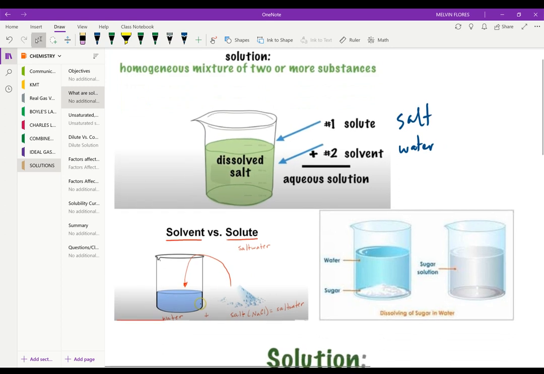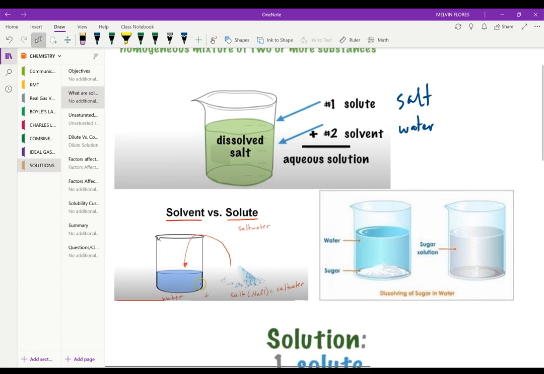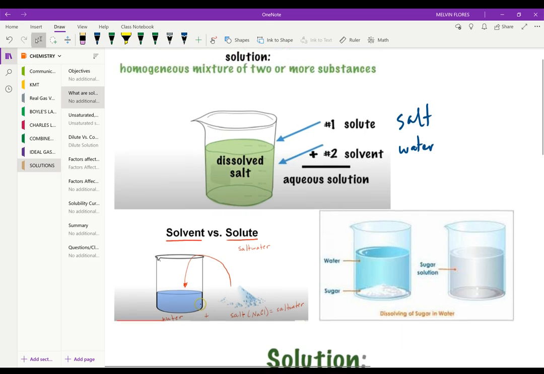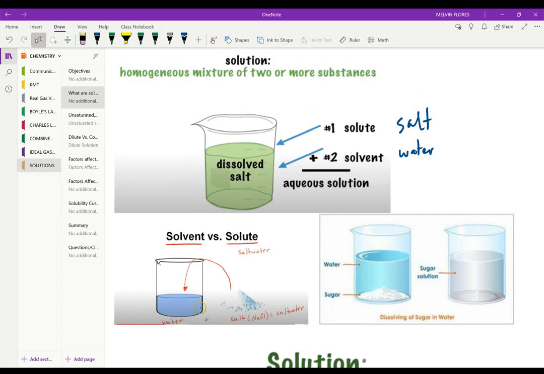Another example is when you dissolve sugar in a beaker of water. The sugar is your solute and the water is your solvent. So that's how a solution is formed, by combining two or more substances in order to form a homogeneous mixture.